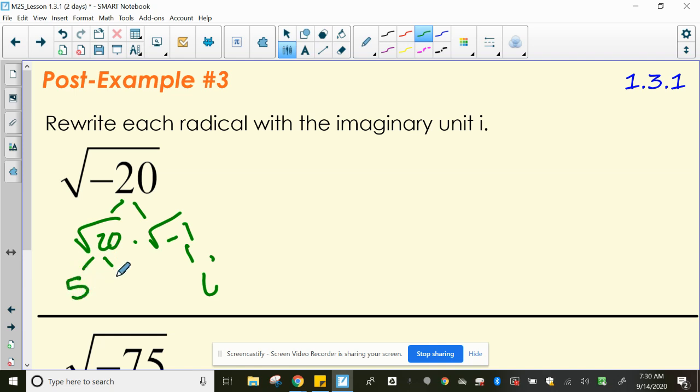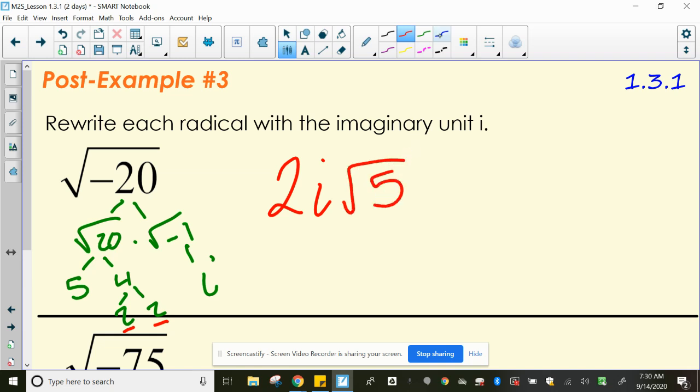That'd be 5 and 4. 4 can break down to 2 and 2. We have our pair here that pulls out. We still have the 5 left over. So we write this as 2 in front, then our i, and then the 5 is left over, root 5. 2i root 5.